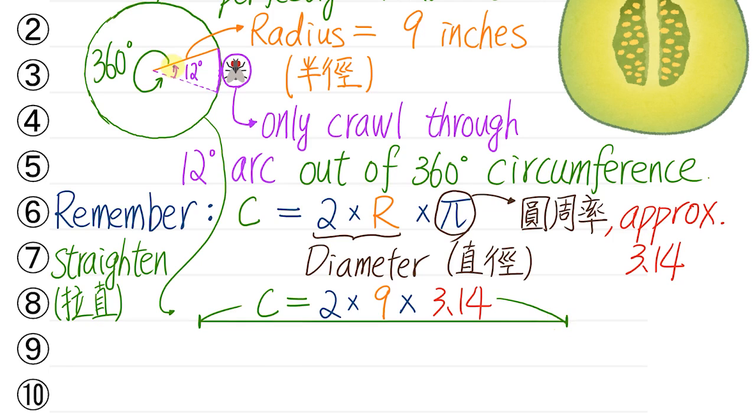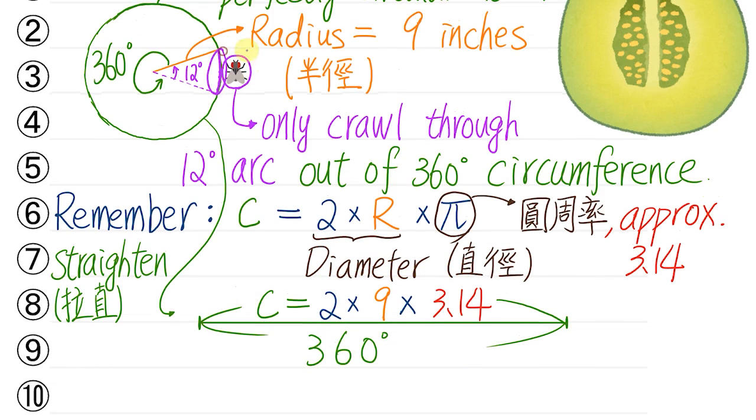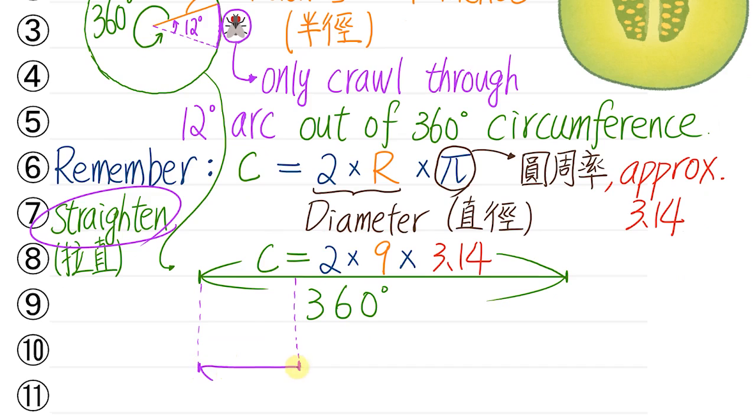We also know that one full rotation of the circle means 360 degrees. So this total circumference corresponds to 360 degrees. Remember that this purple arc only has 12 degrees. So some part of this 360 degrees, like this purple bit, once it's straightened, means the distance traveled by the bug. So this length is the 12-degree arc.